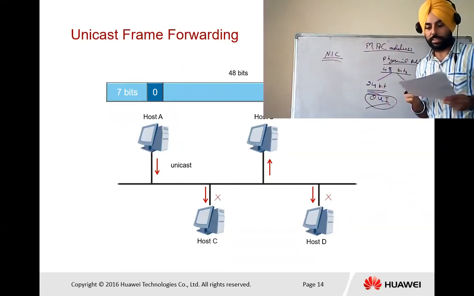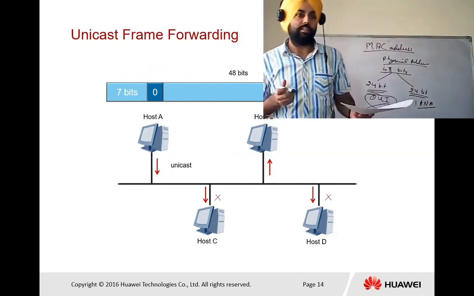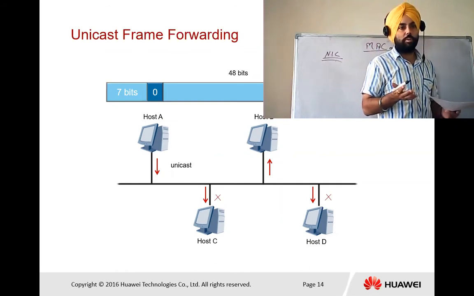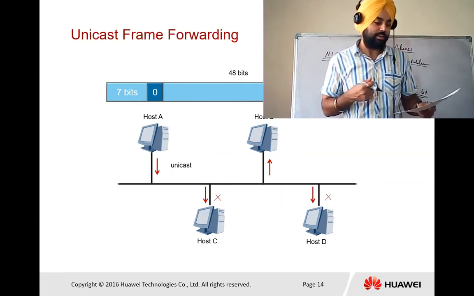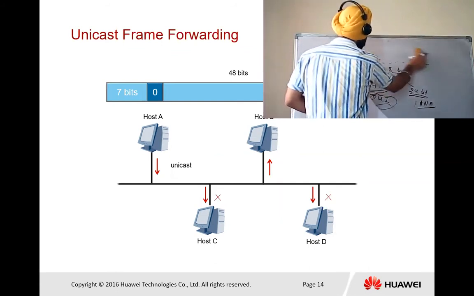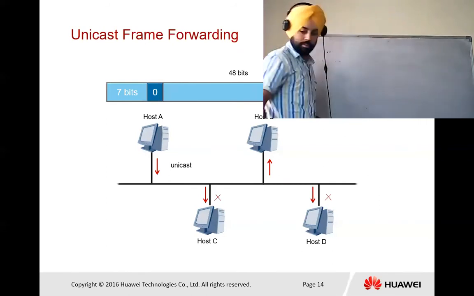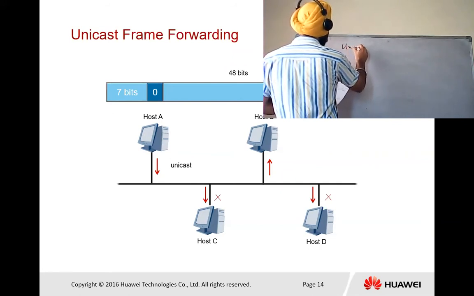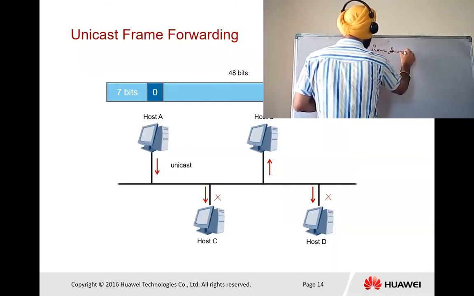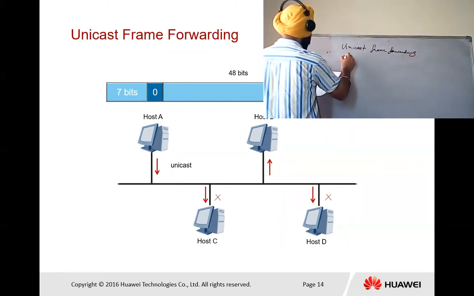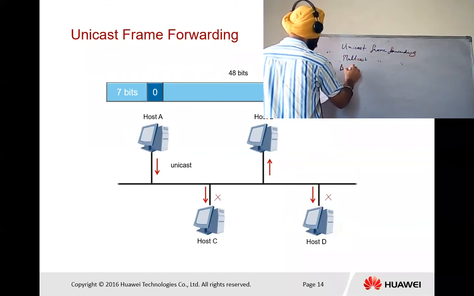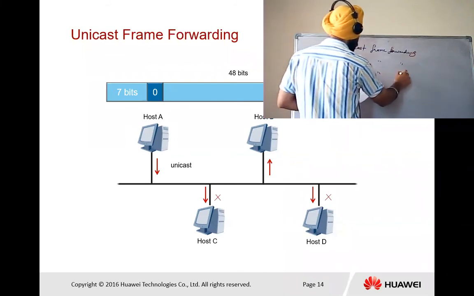There are three types of MAC address, or we can say frame forwarding takes three different forms: unicast frame forwarding, multicast frame forwarding, and broadcast frame forwarding.